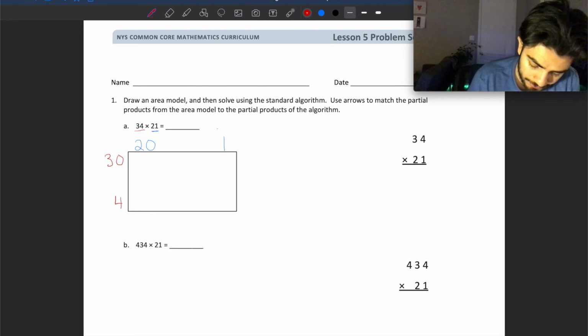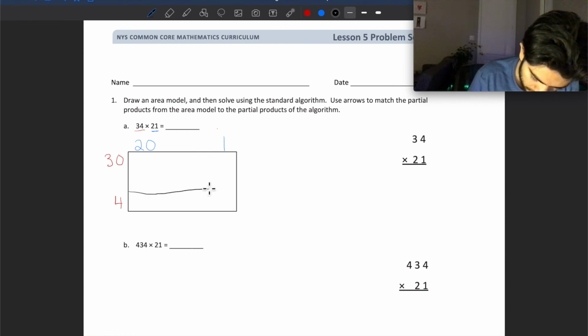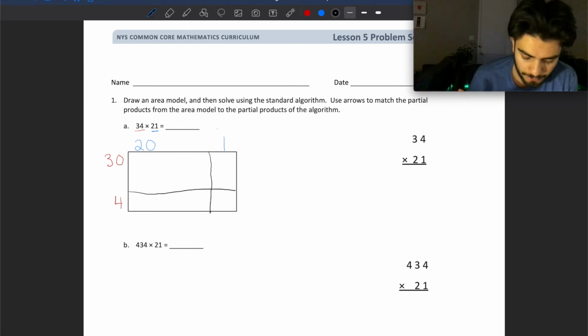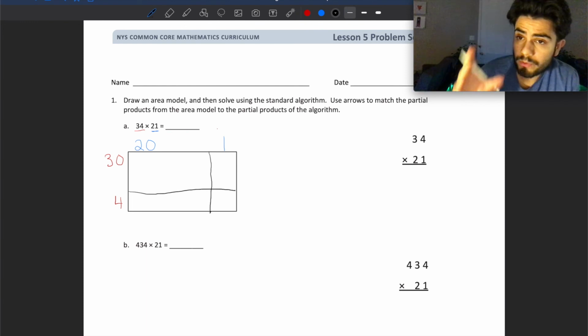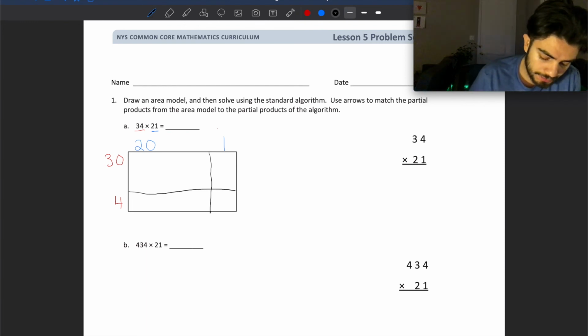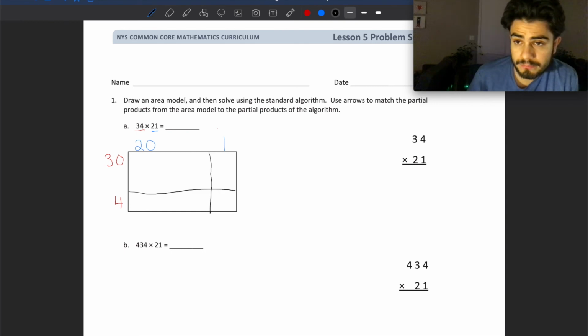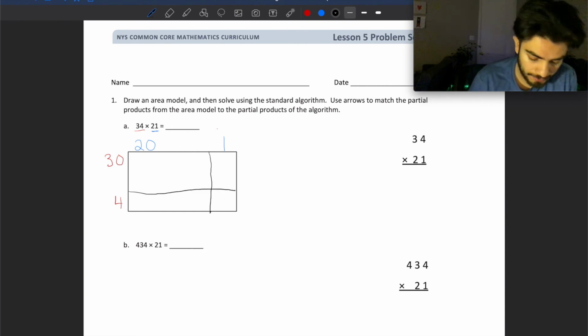Now, the last step that you have to do is the following. You have to draw how much of your area model each of those represents. Now, the last thing you'll do is to simply just multiply these.